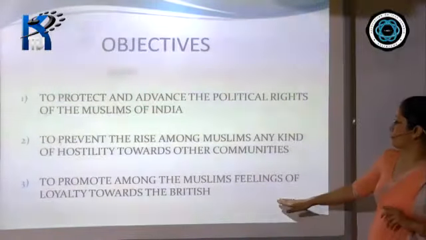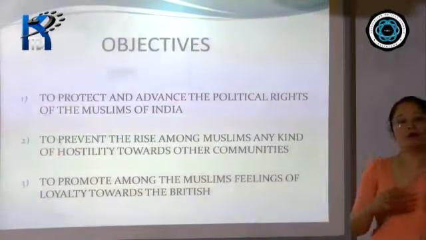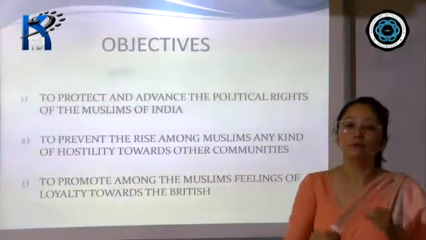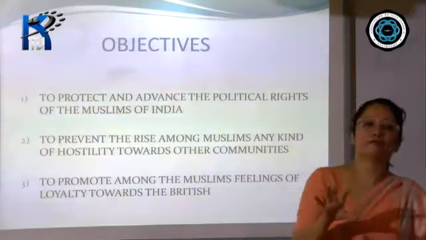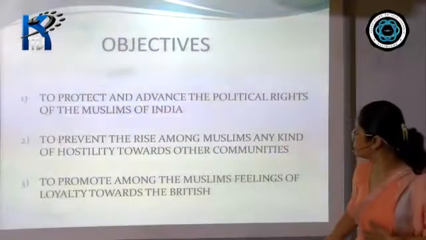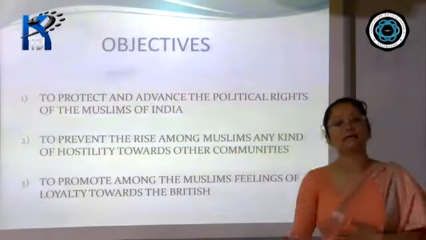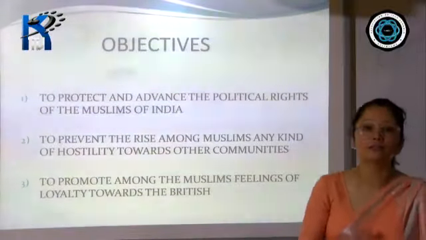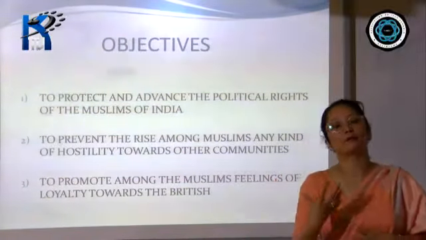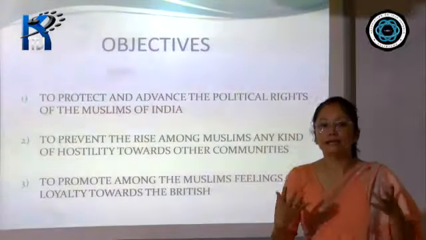Next is to promote among the Muslims a feeling of loyalty towards the British. This is even more interesting. We have formed it because we want to be loyal towards the British. This is almost the same objective that the moderates, or the early nationalists, had at one point of time. We believe in the British.